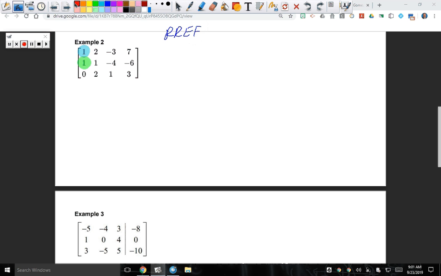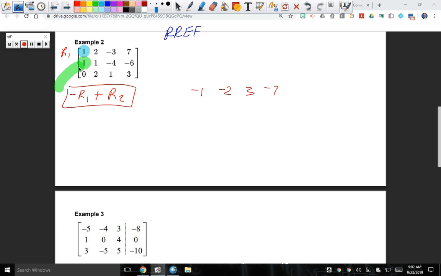So let's say, which row could I do? Row 1. And I'm going to multiply row 1 by a negative 1. So look, a negative row 1, I'm going to do scratch work off to the side, would give me a negative 1, negative 2, positive 3, negative 7. This is scratch work off to the side that I don't want you to include in your answer, but you can do it off to the side to help you think. So negative row 1 gave me that. What am I going to add to this? Row 2. And my goal, when I do this right here, will end up making this 1 into a what?